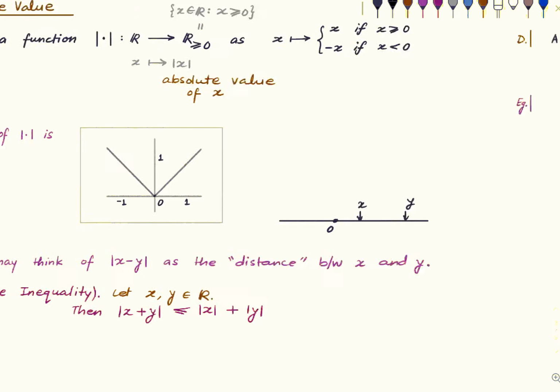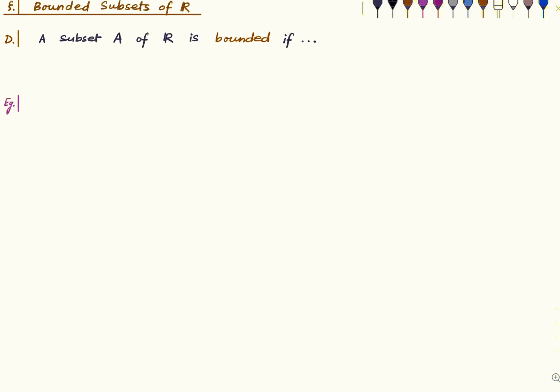And now we need to define one more concept. So we say that a subset A of R, and when we say a subset, I mean a non-empty subset, is said to be bounded if there is some positive real number k such that this happens, right?